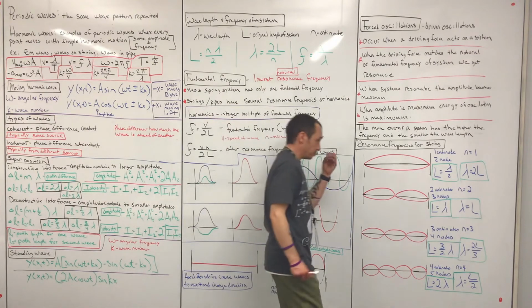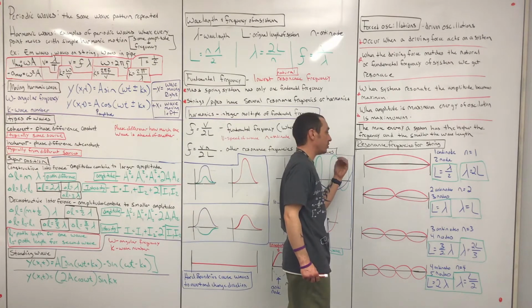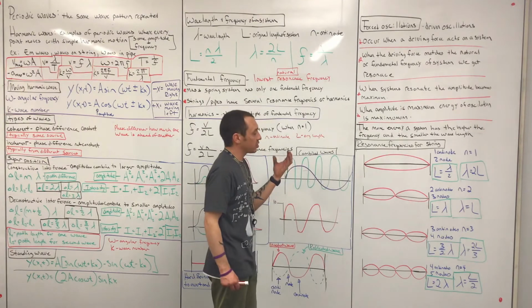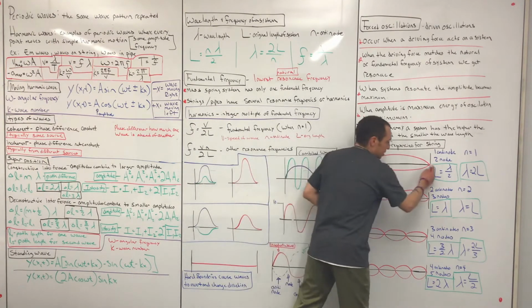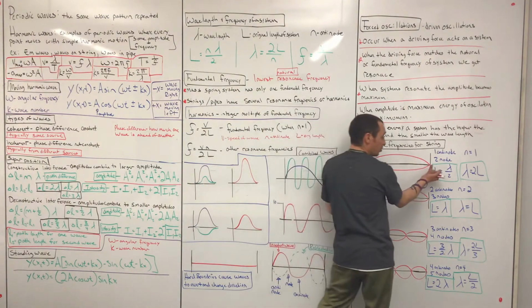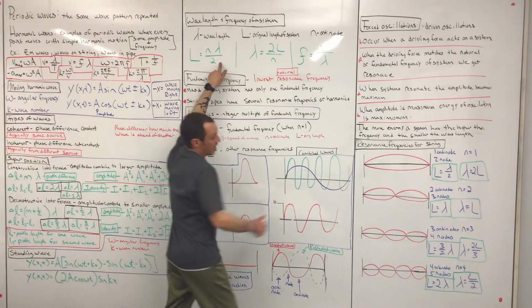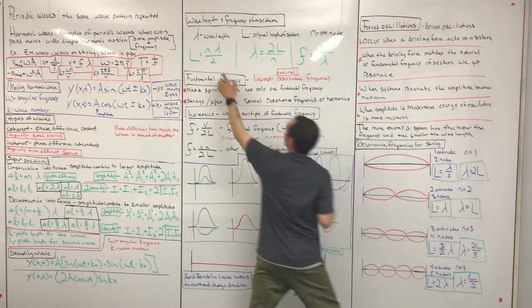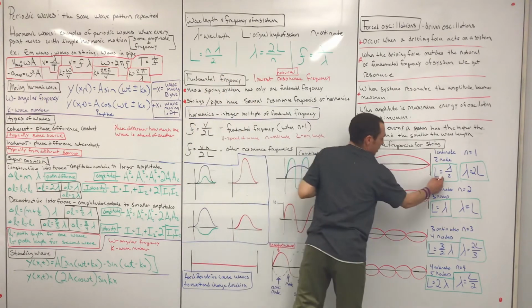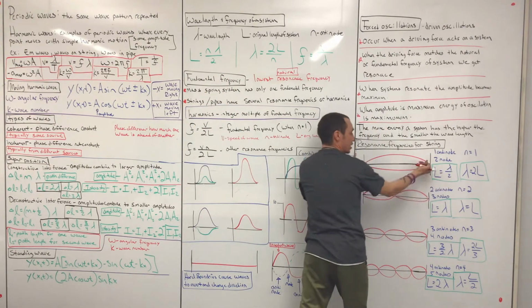So when we resonate with the fundamental frequency or that natural frequency, we get this situation where we don't get a full wavelength. We see that when we're using this equation, n is equal to 1 here, so when we put 1 in here, we see that the length of the rope is equal to half a wavelength, which is true.